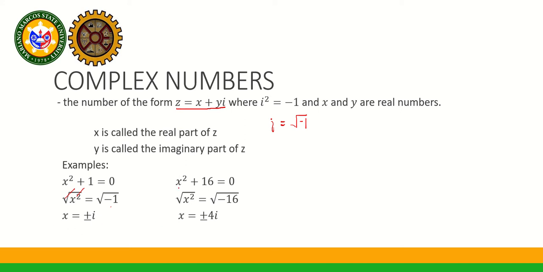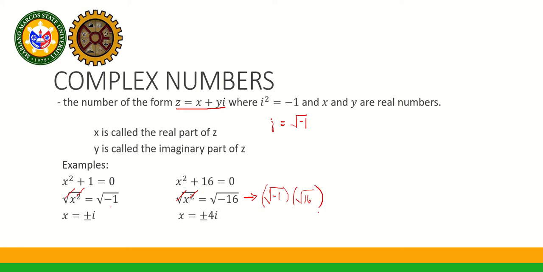And another example, we have x squared plus 16 equal to 0. Transpose 16 to the right side and then square root mo sila to cancel the square here. Okay, so our x is equal to the square root of -16. We can rewrite this as the square root of -1 times the square root of 16.